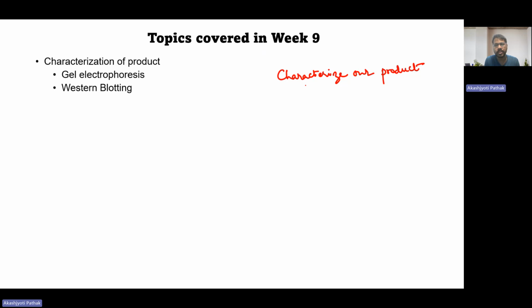In week 9, the two main techniques that were covered: one is gel electrophoresis. One way of visualizing our protein of interest is by running a gel electrophoresis.